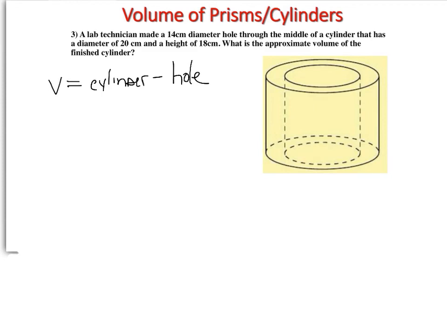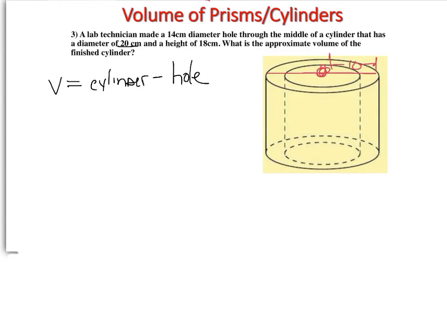Finding the volume of the entire part, the outer diameter is 20. Diameter is this entire distance across here, so we really just want the radius, which is 10. We have to be careful to read that.